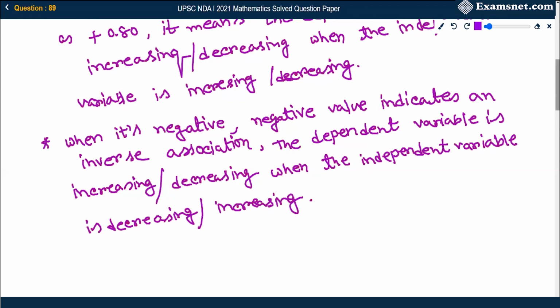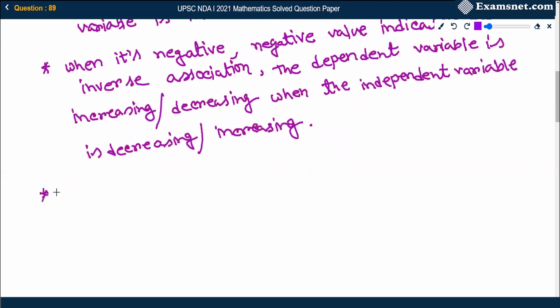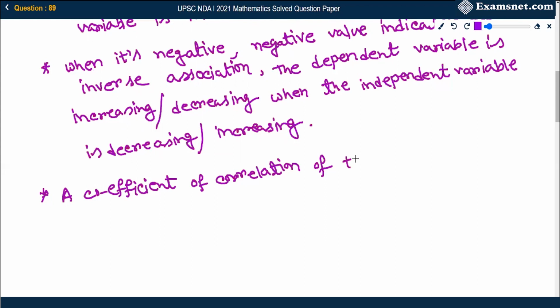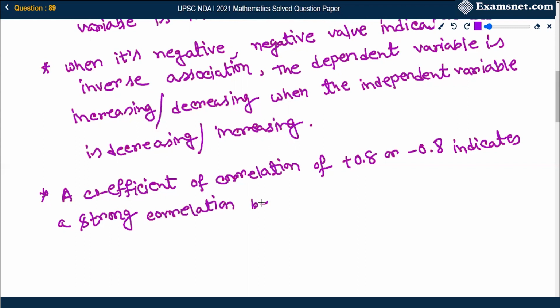Okay, so here also a coefficient of correlation of positive 0.8 or negative 0.8 indicates a strong correlation between the independent variable and the dependent variable.